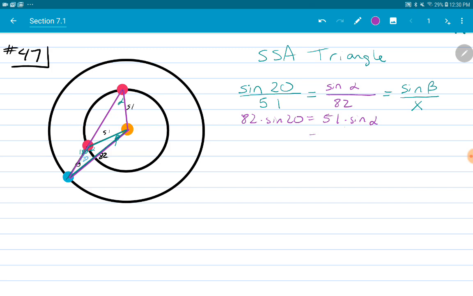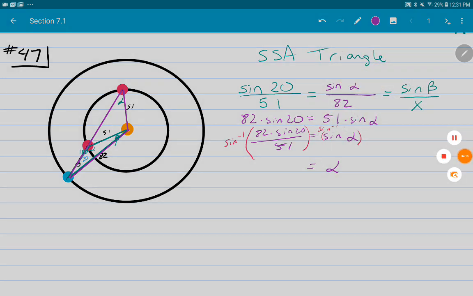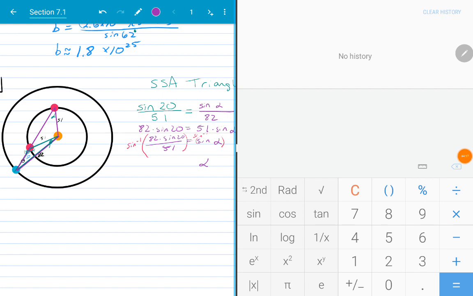Solving for sine of alpha, we get 82 times the sine of 20 over 51. Taking the sine inverse of both sides, on the right it simplifies to just alpha. So alpha is approximately equal to, since we're going to use a calculator to estimate that, the sine inverse of that.